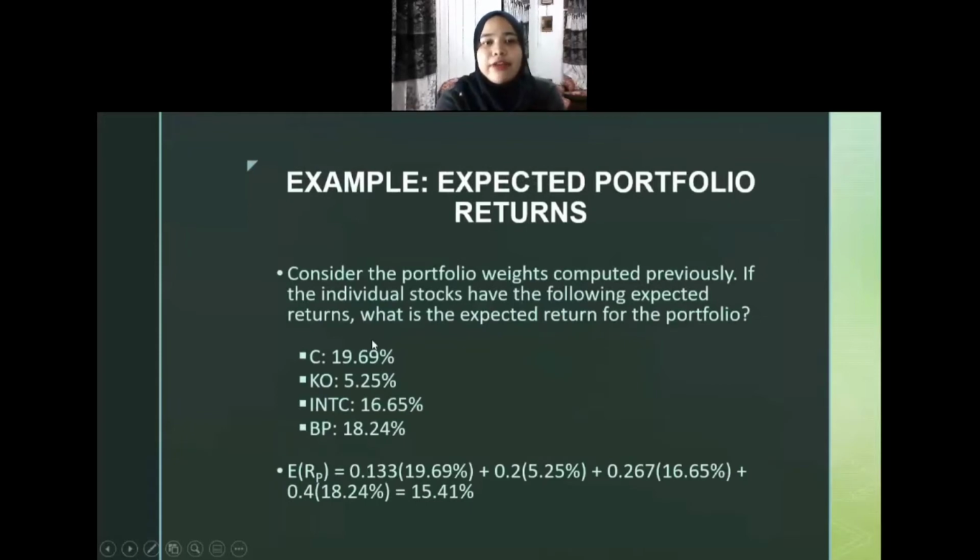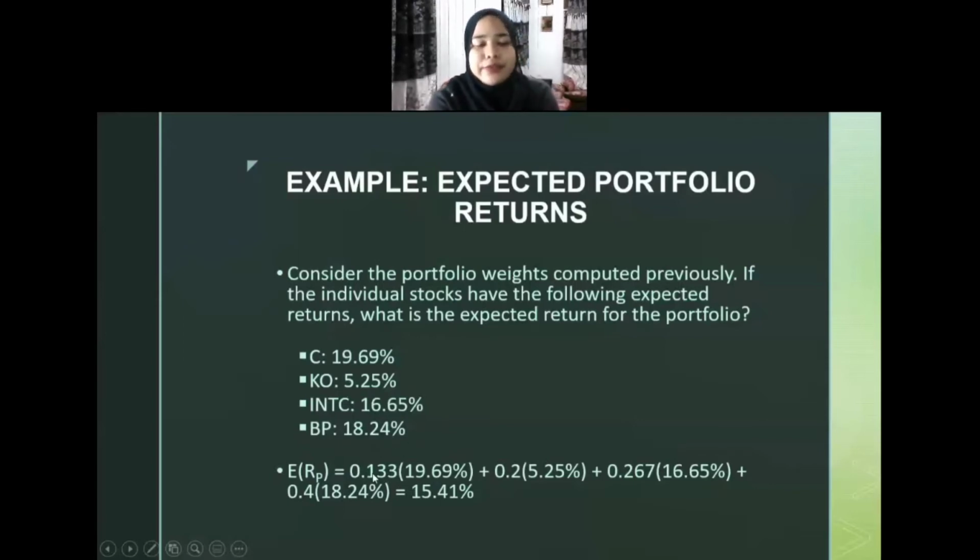So if the individual stocks have the following expected returns, what is the expected return for the portfolio? So we are going to take the portfolio weights and multiply them by the expected return of each security.